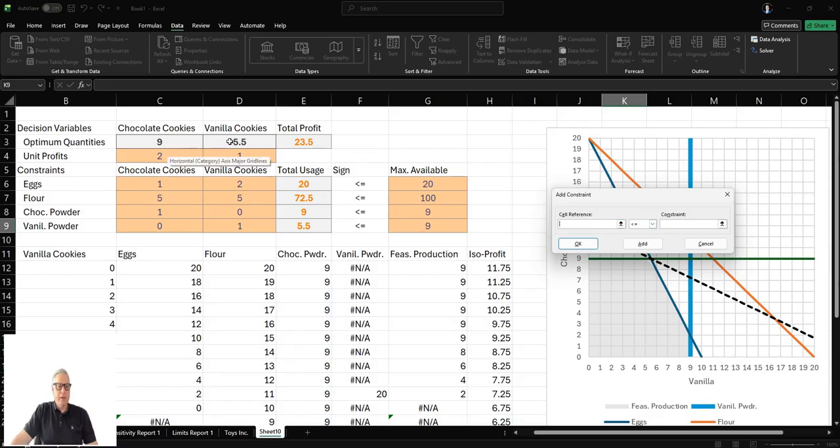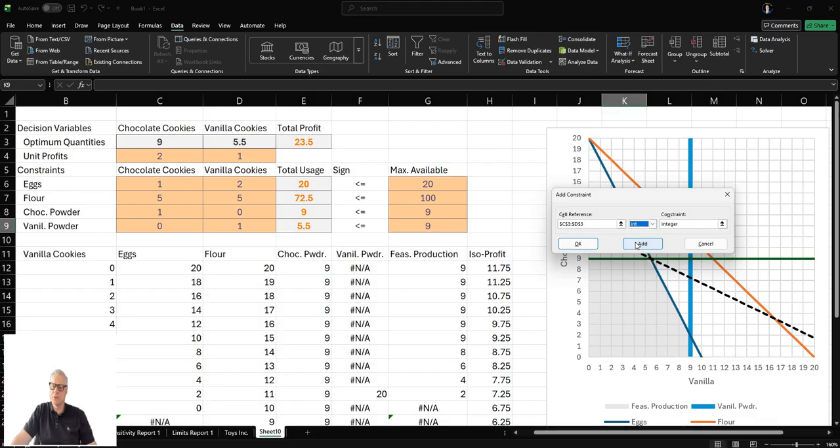And then we say those two cells, 9 and 5.5, they should be equal to, and then, I'm sorry, it should be here in the middle. You say it's where it says equal, it just says integer. That's it. And now if you click OK, the optimum solution should be 9 and 6.